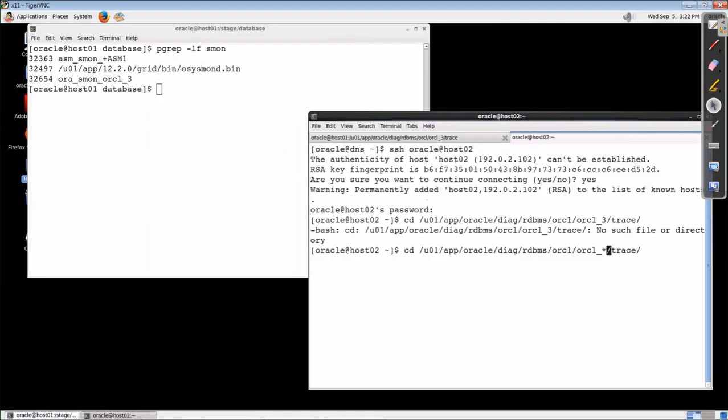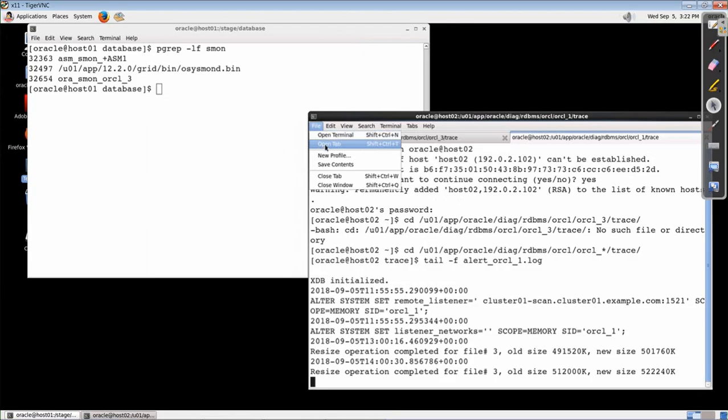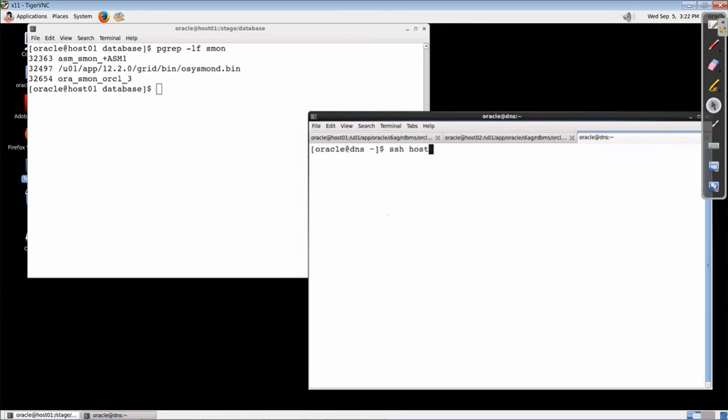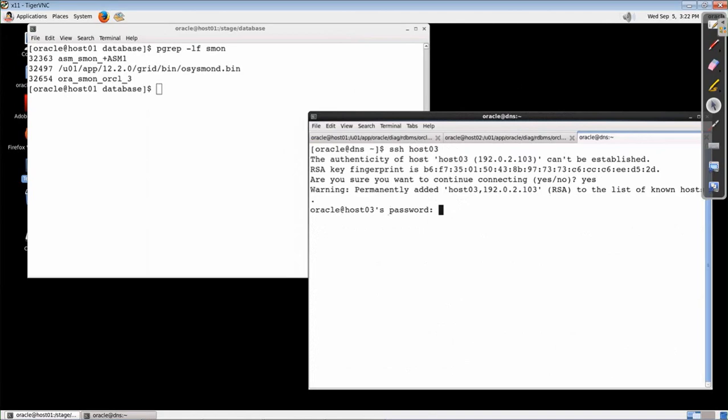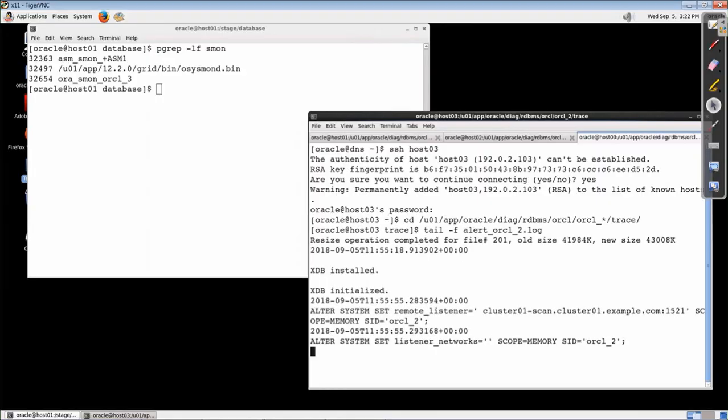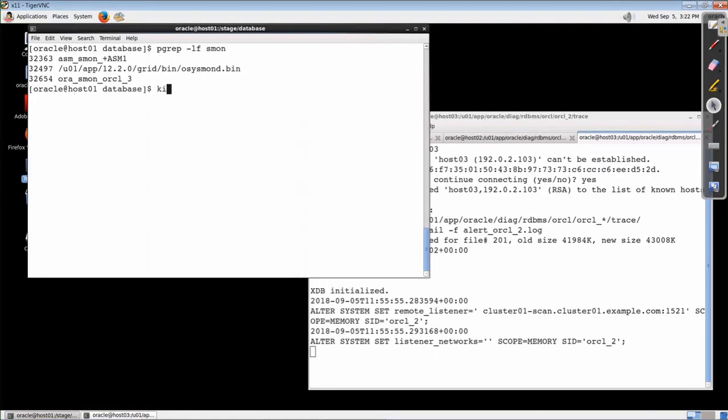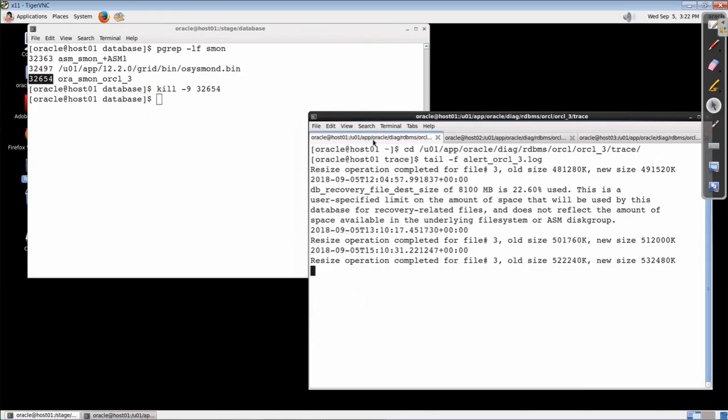Okay. And then I will access host 03. Okay, so what I'm going to do here is just kill this SMON process. I killed it. Let's go to this location.